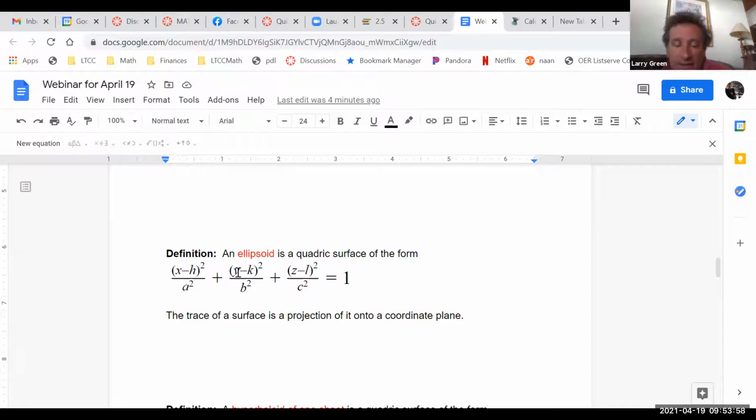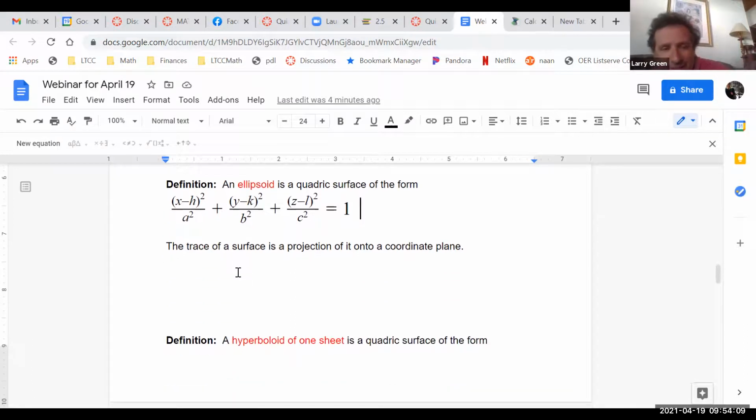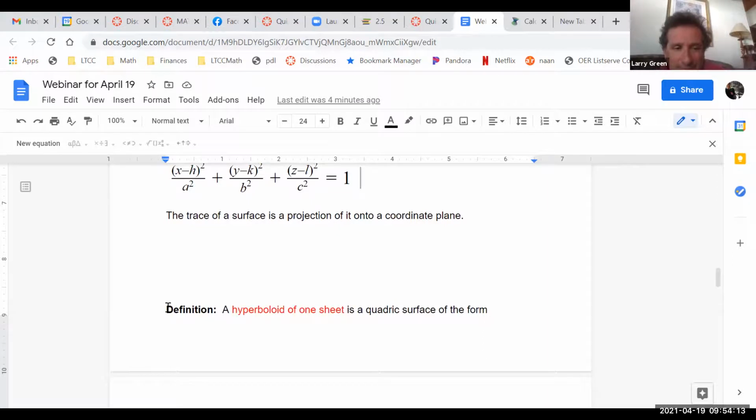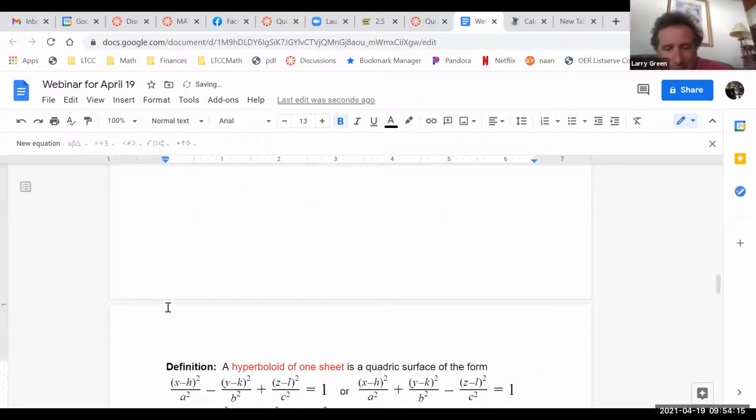Yeah, exactly. So a hyperbola has one negative and one positive, okay? Whereas an ellipse has two positives. So now we're going to move on and say, well, what if we took one of those positives and made it negative? So let's take a look.